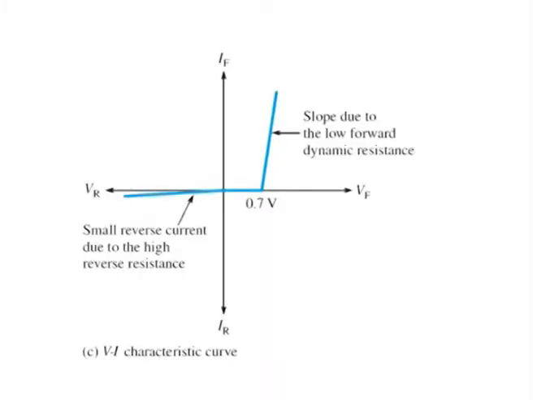This equivalent voltage source represents the barrier potential that must be exceeded by the bias voltage before the diode will conduct and is not an active source of voltage. When conducting, a voltage drop of 0.7 volt appears across the diode.